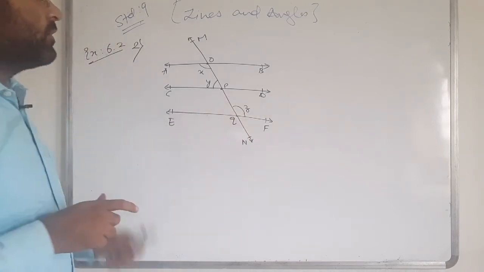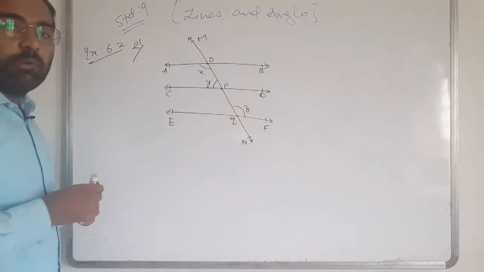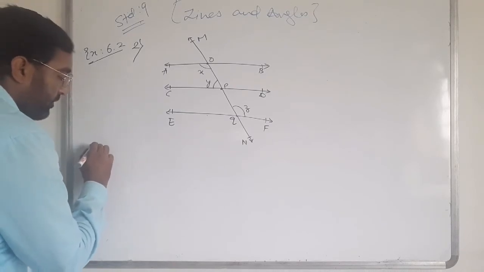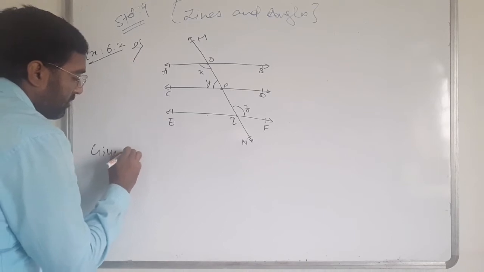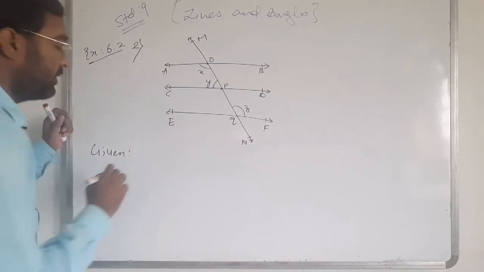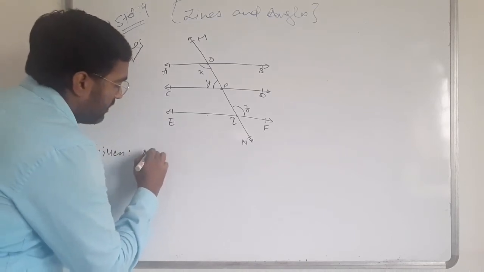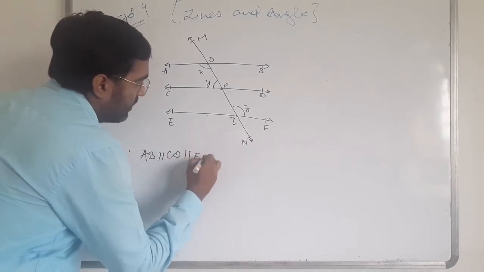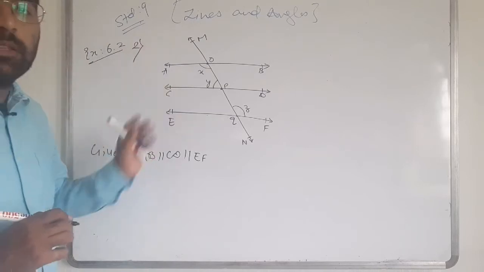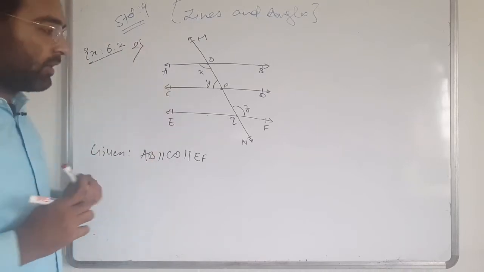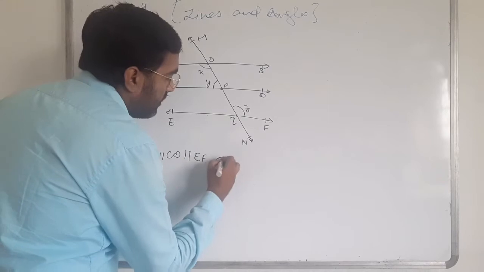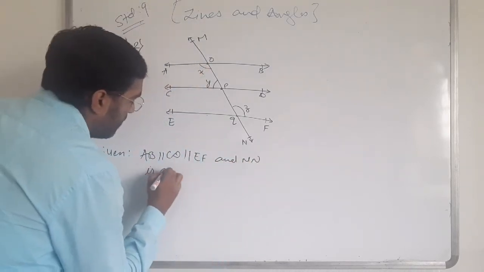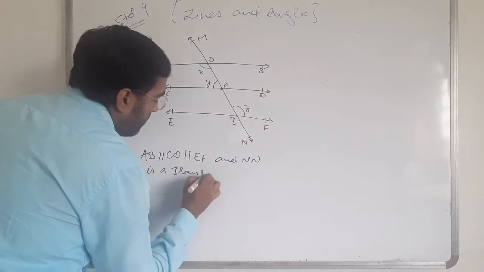Now from the question we first write what is given. AB is parallel to CD and CD is parallel to EF. All three lines are parallel to each other, and MN is a transversal.